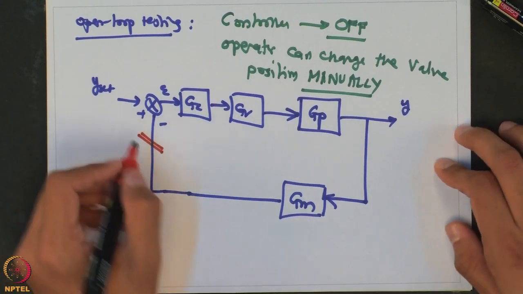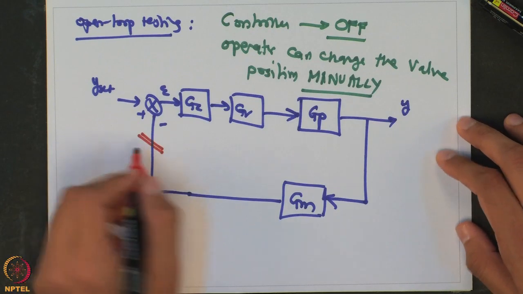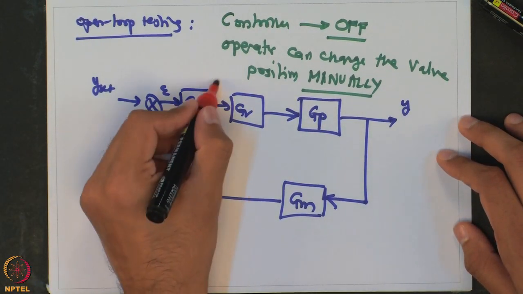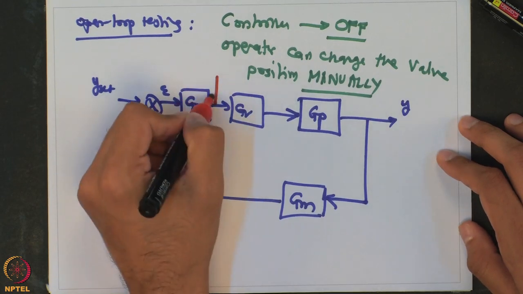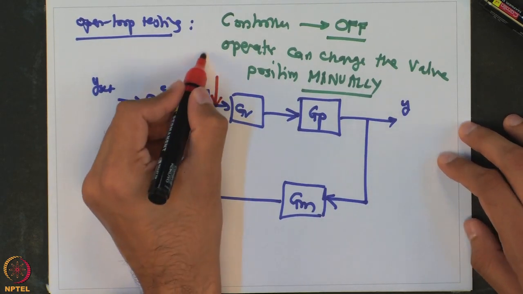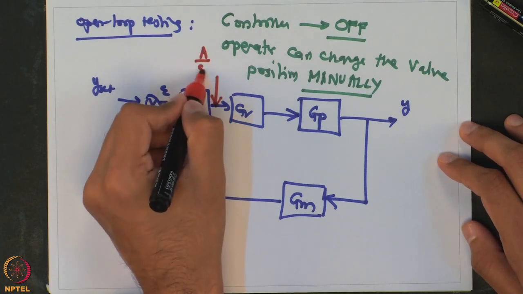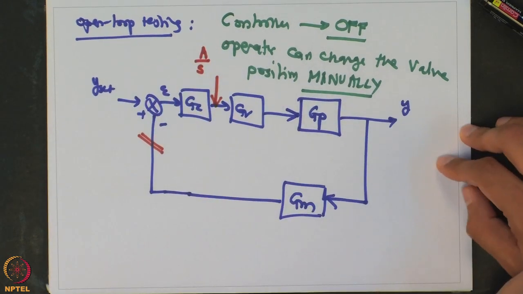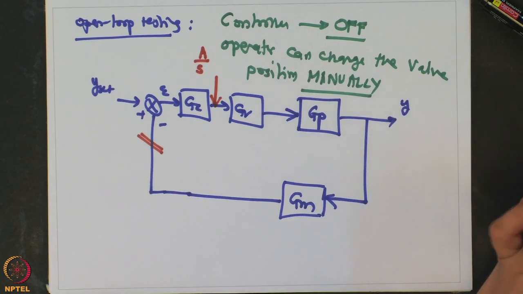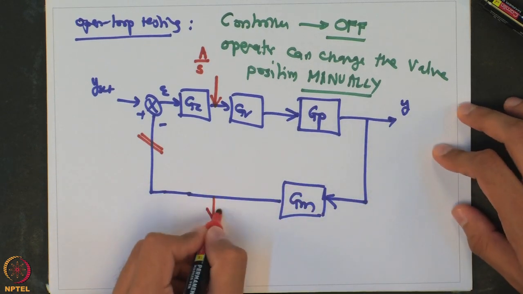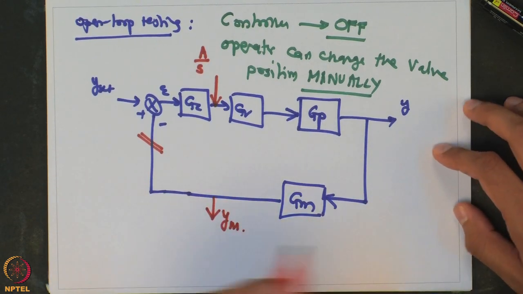So you no longer pass any feedback, and what you do is give a step change, let us say of magnitude A, into the valve opening. If it is a valve, then the operator would open the valve by a small fraction, and then observe what you get as the measured output.